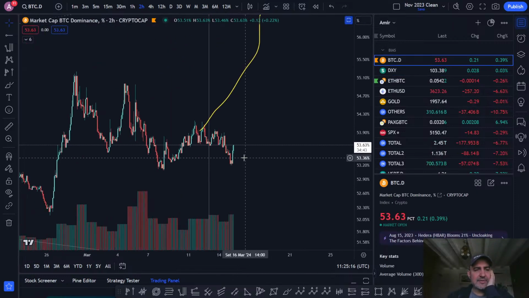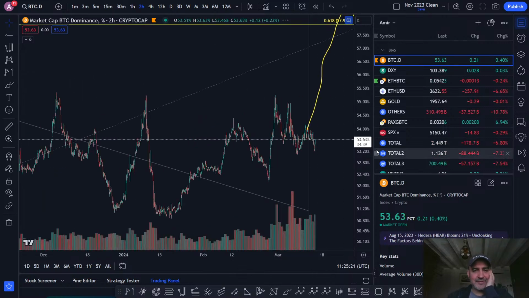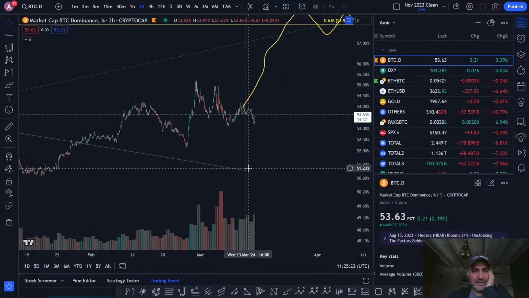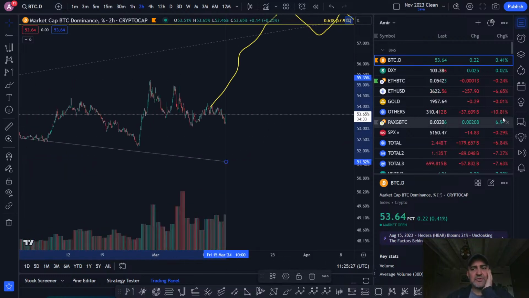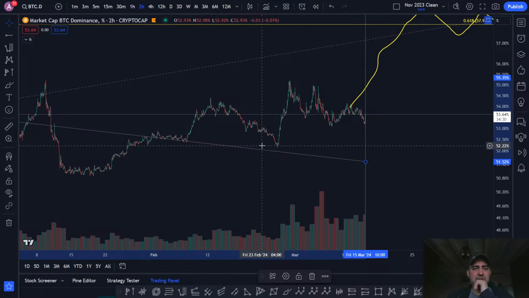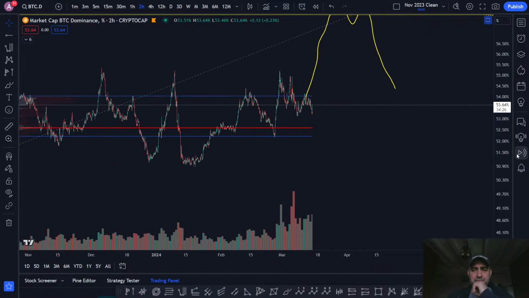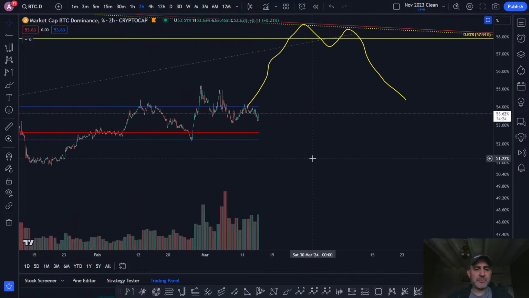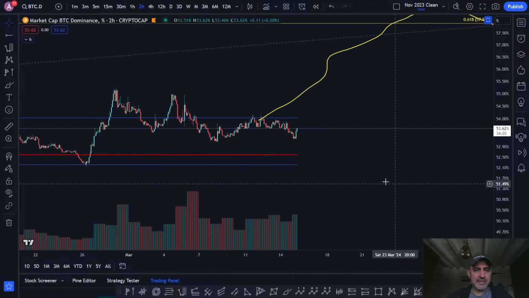Bitcoin dominance now is kind of going sideways. Nothing really to report. It fell a little bit and now it's going sideways. That's also a sign: if Bitcoin suddenly gets weak, you'll see it on Bitcoin dominance. If there's a panic, you'll see Bitcoin dominance suddenly go crazy up.